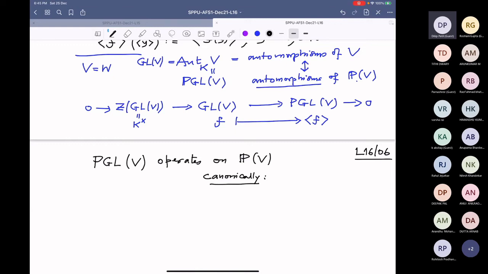Now, I've been hearing that you were sometimes talking in the categorical language. So an automorphism of, for example, a group G operates on G by evaluation. Automorphism of V operates on V by evaluation. Automorphism of a ring operates on that ring by evaluation. For a topological space, the automorphism group is precisely the group of homeomorphisms that operates on X canonically.